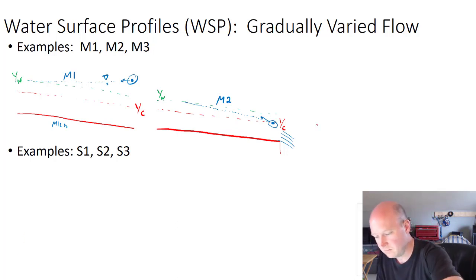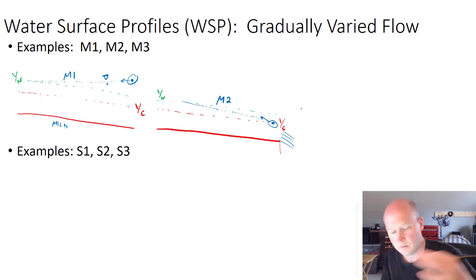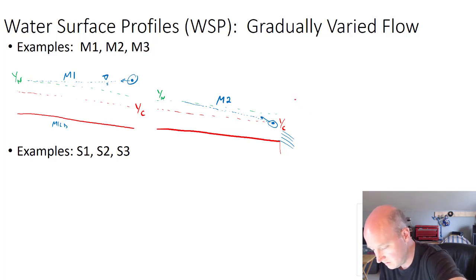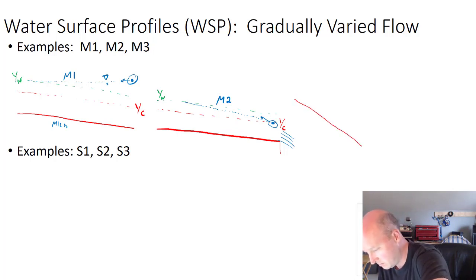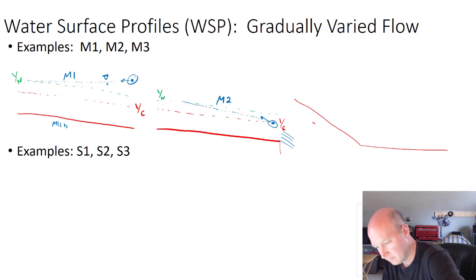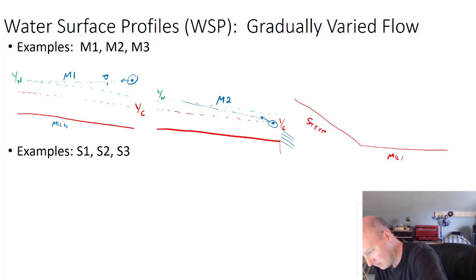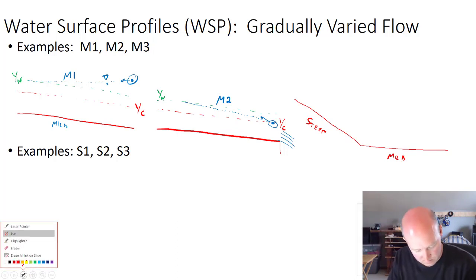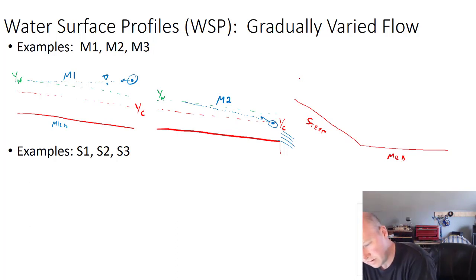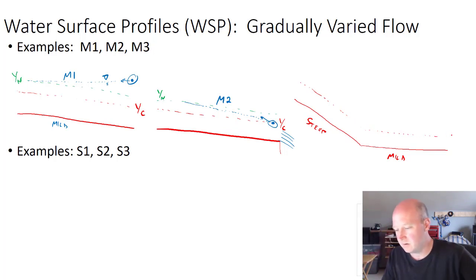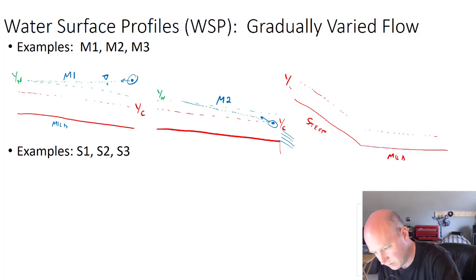The M3 curve is, there's a lot of different scenarios for each of these, but the M3 curve that I'm going to present here is a steep slope followed by a mild slope. And so if we put critical depth on there, that just has to do with the surface wave speed and comparing that with the velocity in the channel, so it turns out that doesn't change with the slope.